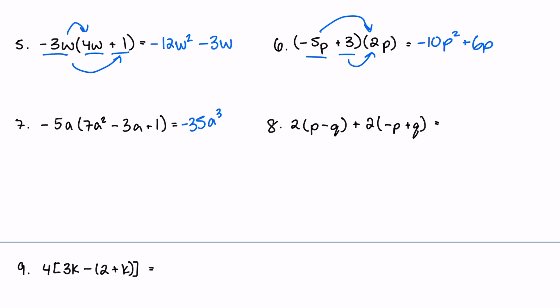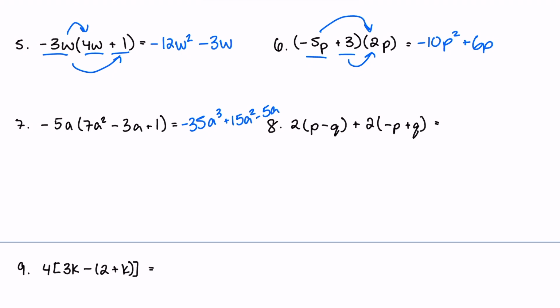Negative 5a times negative 3a is going to be negative 5 times negative 3, so positive 15. And then a times a is going to make a squared. And lastly, negative 5a times positive 1 is going to be the same thing, so negative 5a. So our answer is negative 35a cubed plus 15a squared minus 5a.